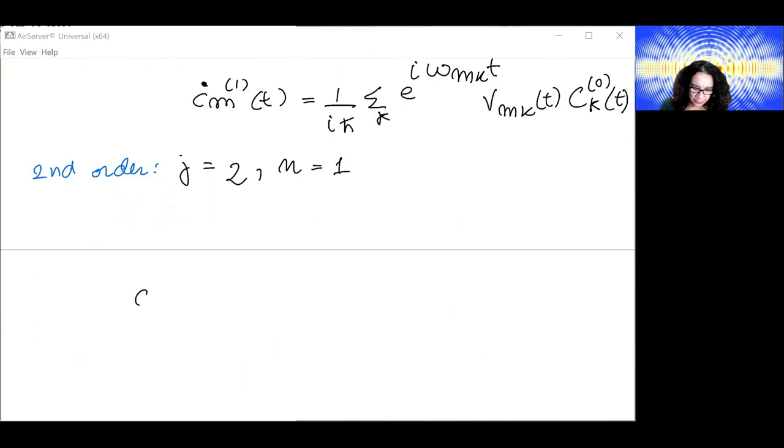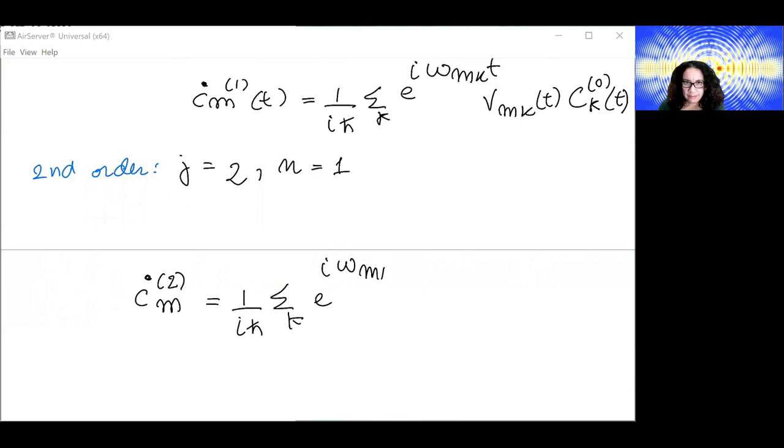So you are going to find from the left-hand side that C_m^(2) dot is 1 over i h bar, sum over k, e^(i omega_mk t) V_mk(t) C_k^(1)(t).